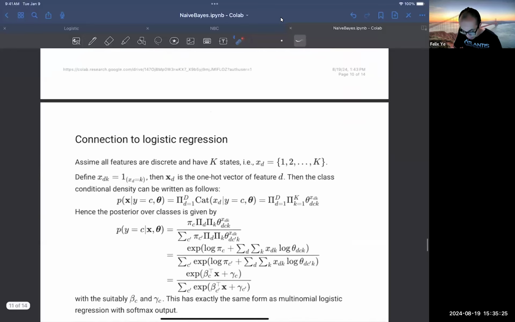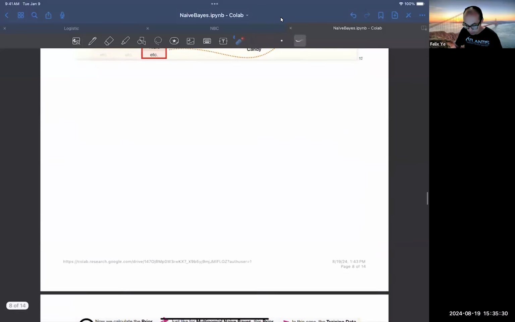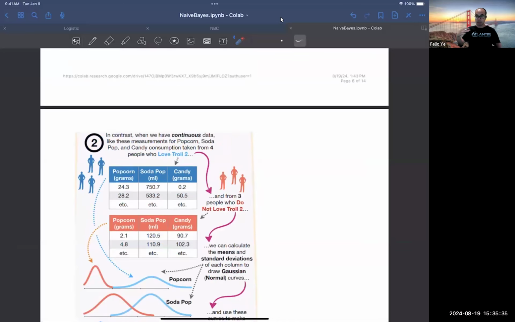So this is how we make predictions for continuous variables. In this situation, we don't need to introduce add-one smoothing, because this is already continuous and smooth. The probability density will always be bigger than 0, and we don't need to consider missing data as in the discrete situation.